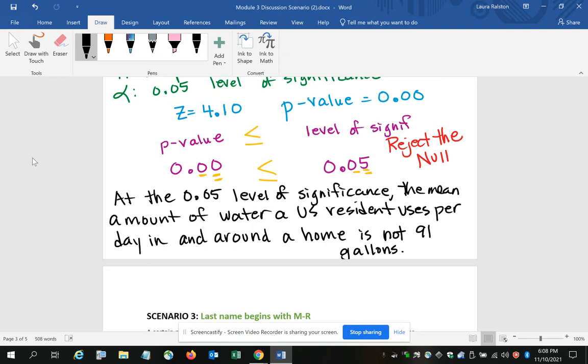Guys, you have to write the full sentence. It's not texting style. It's not shortcut. It's not shorthand. You have to write that full, complete sentence.